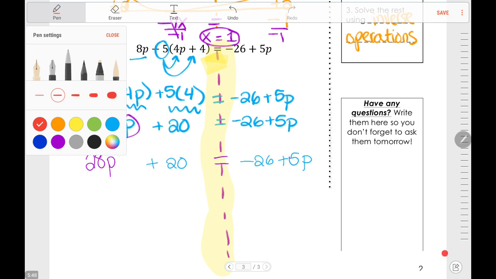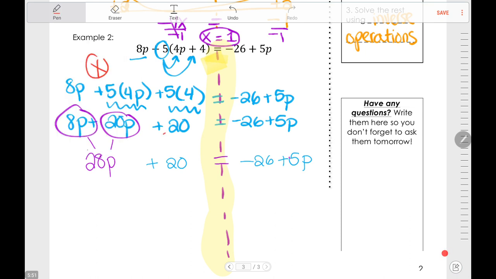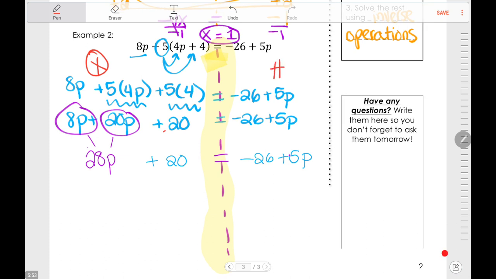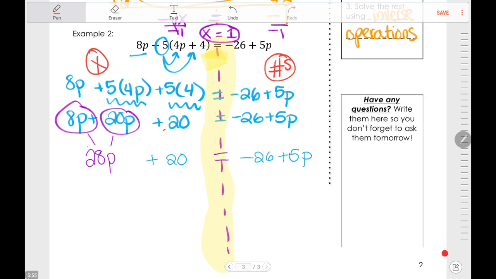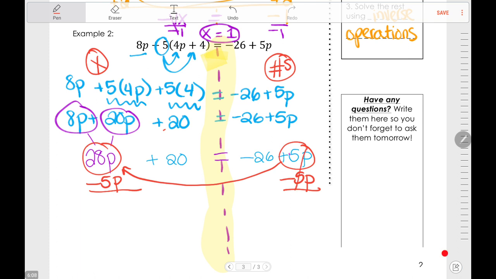I'm going to switch it up. Variables on this side, my constants or my numbers over here. So I want to move my variable to the left to combine these, but now I'm crossing over the equal sign, so now that's when I use my inverse. Cancels, we get 23p.